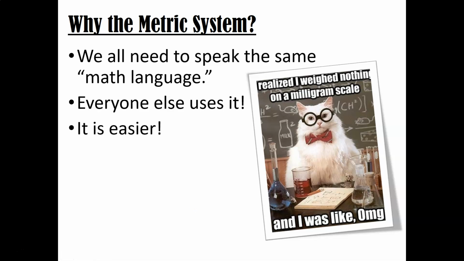It's also easier. Rather than memorizing a bunch of random conversions, what we can do is just move our decimal back and forth by factors of 10. So it may not feel easier right now because you're not familiar with it, but once you see how it works, I think you'll realize that it is a lot faster and a lot easier.